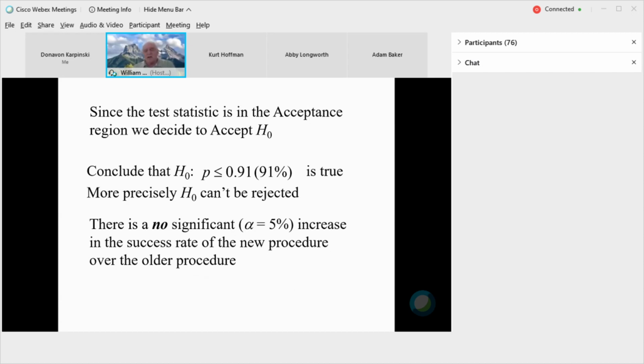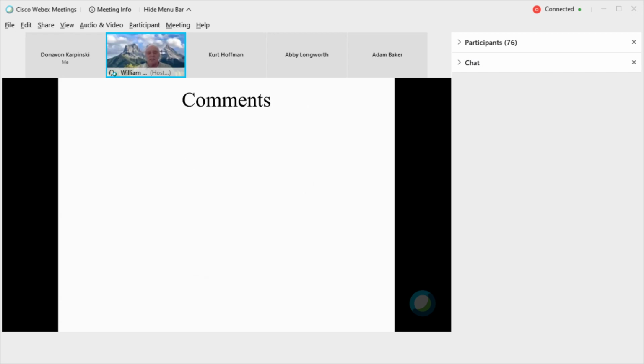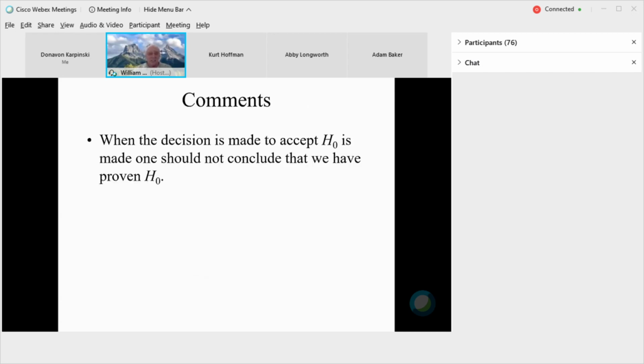But when a person is not declared guilty, you haven't proved innocence. You simply haven't been able to disprove innocence and reject it. So when a decision is made to accept H naught, one should not conclude that we've proven H naught.